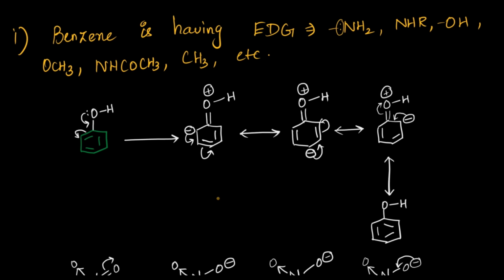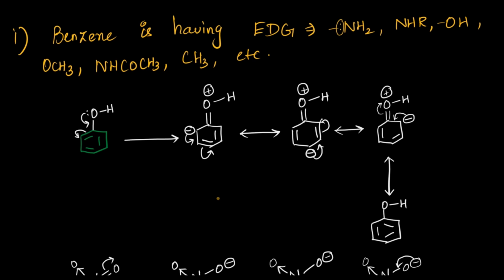How does the electron donating group affect the benzene's influence on the incoming electrophile? The electrophile is an electron deficient species, which attacks the position that is electron rich, right?